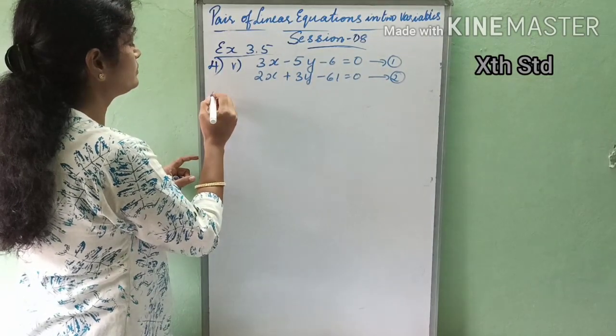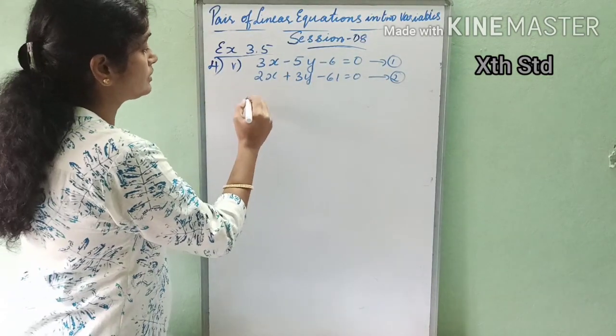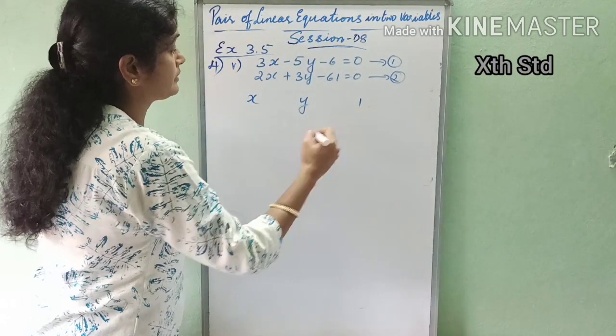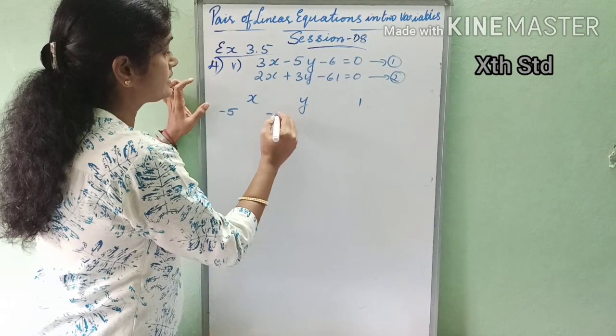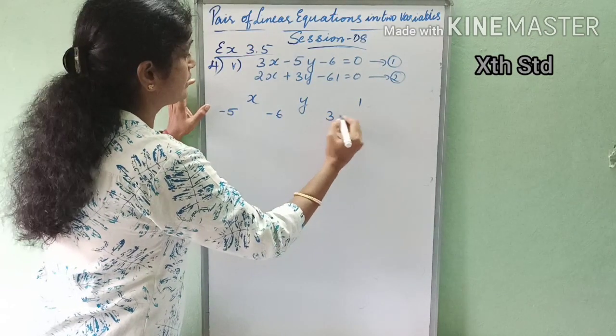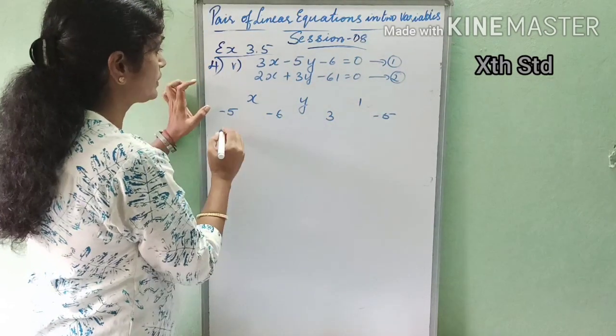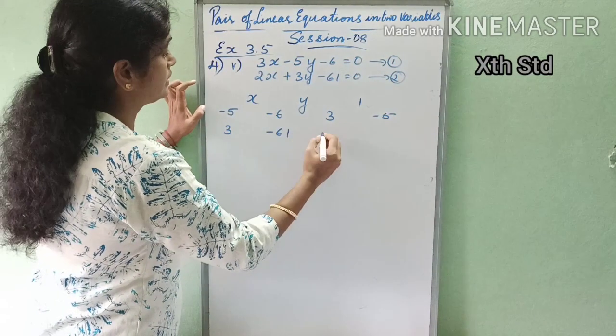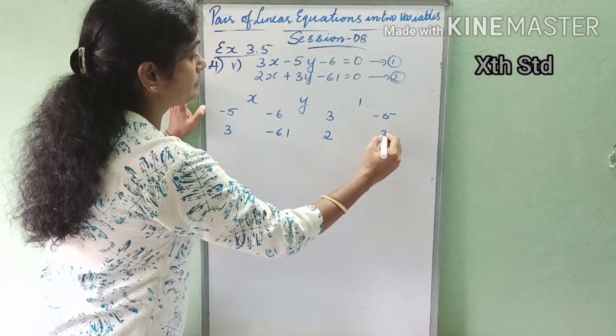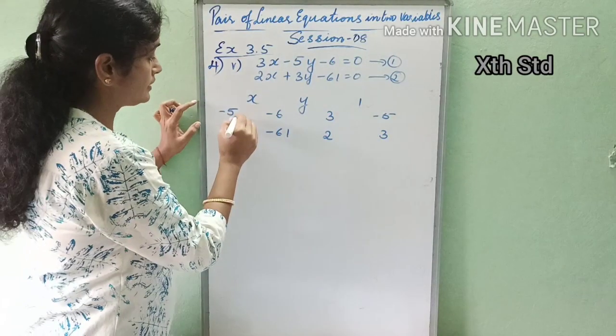Solving it in the cross multiplication method, we write B1, C1, A1, B1, B2, C2, A2, B2, then these arrow marks.